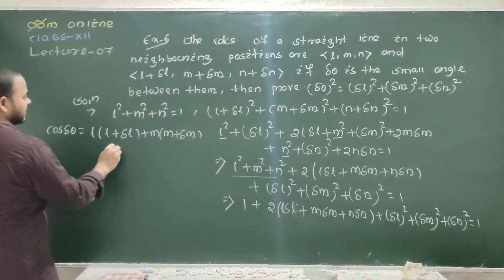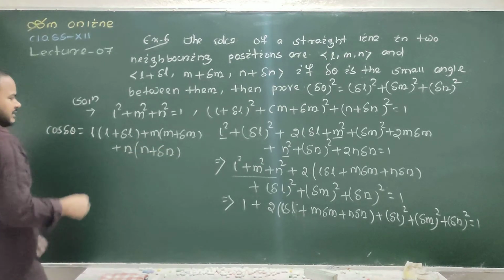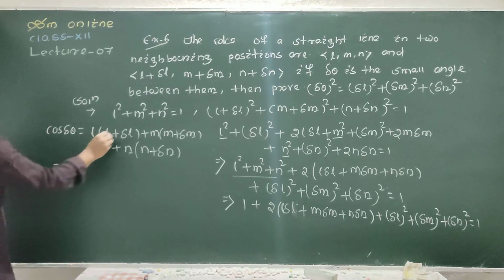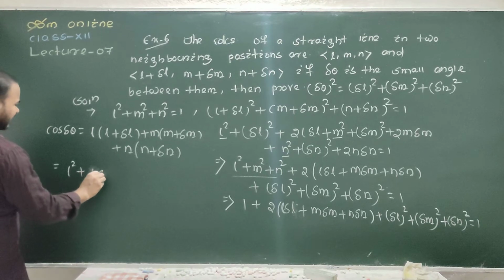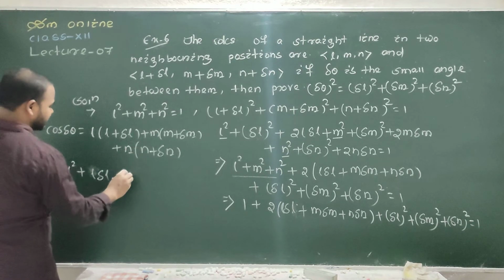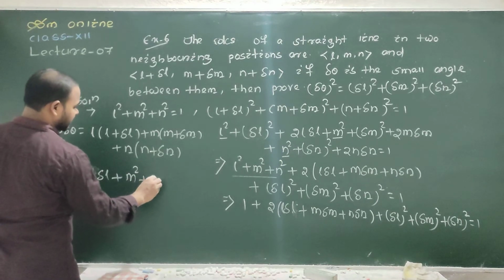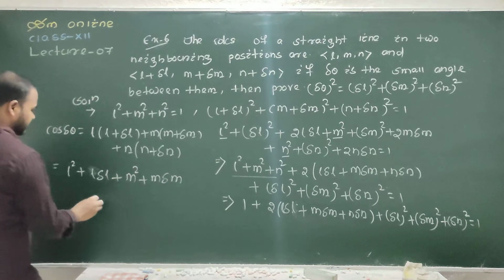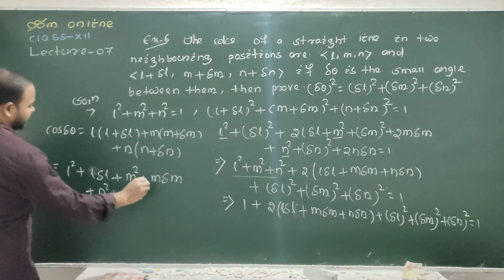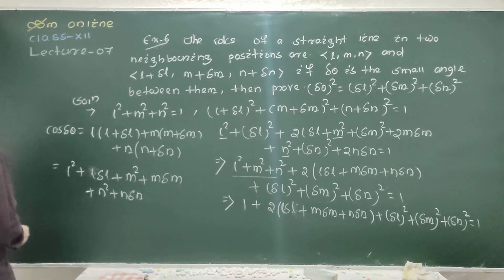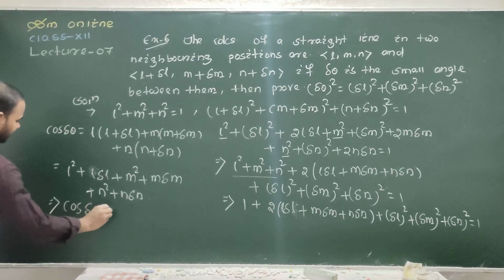Okay, and plus N into N plus del N. And this is equal to, we know that this is L square plus L del L plus M square plus M del M, and this is N square plus N del N. Okay, so here cos del theta equal to what?